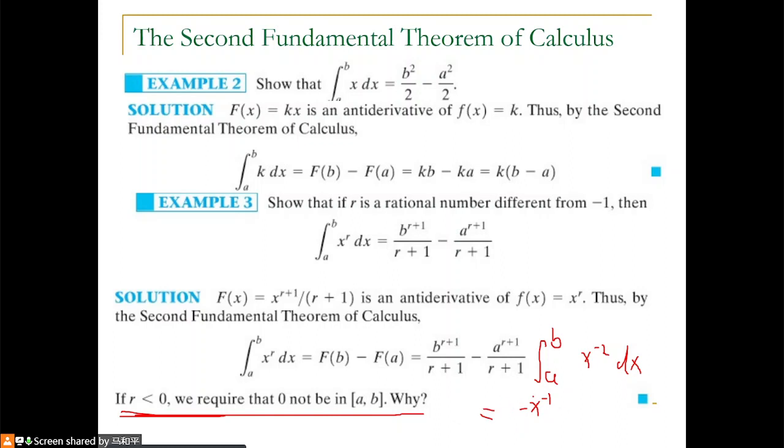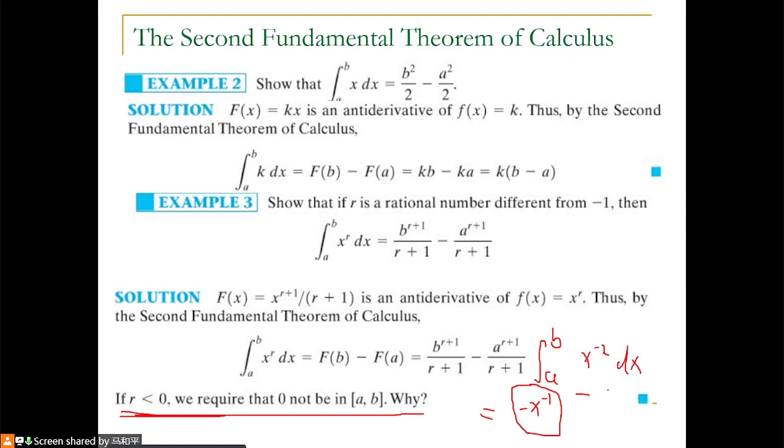This is F(x). So here we write that 0 is not in [a, b].